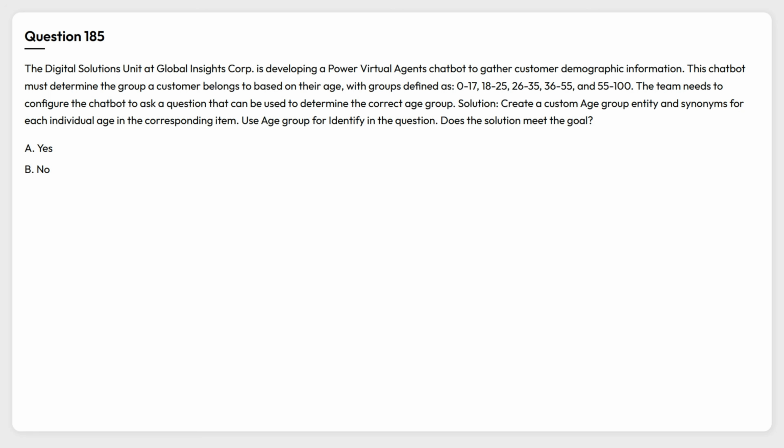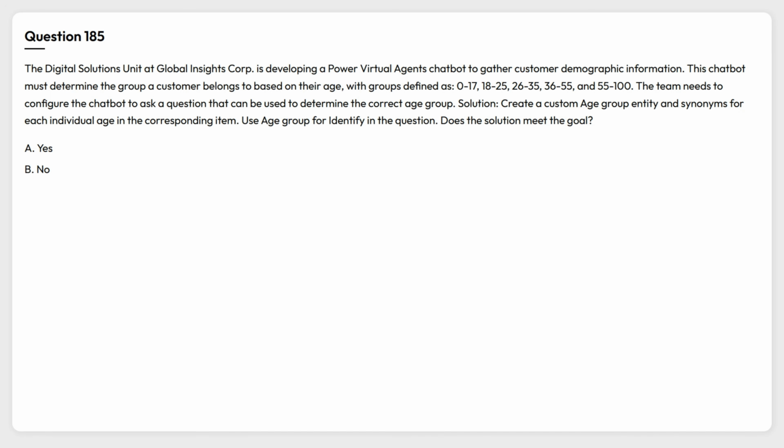Question number 185. The Digital Solution Unit at Global Insight Corp is developing a Power Virtual Agents chatbot to gather customer demographic information. This chatbot must determine the group a customer belongs to based on their age, with groups defined as 0 to 17, 18 to 25, 26 to 35, 36 to 55, and 55 to 100.